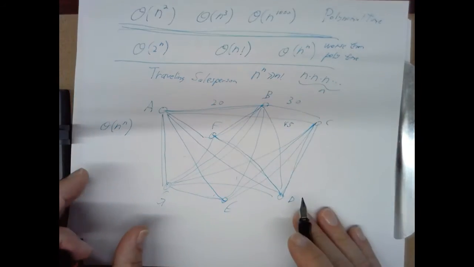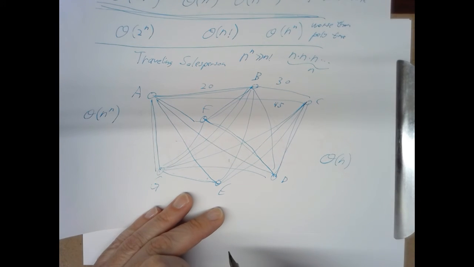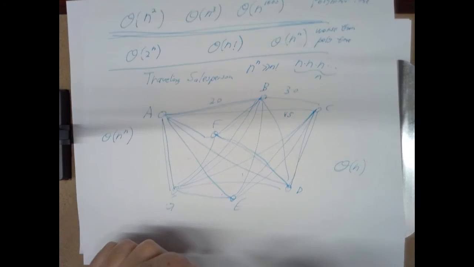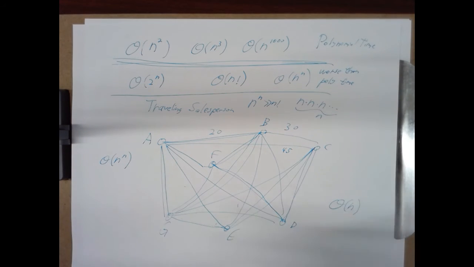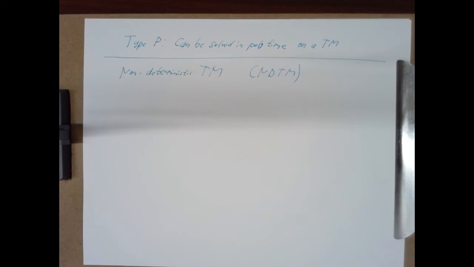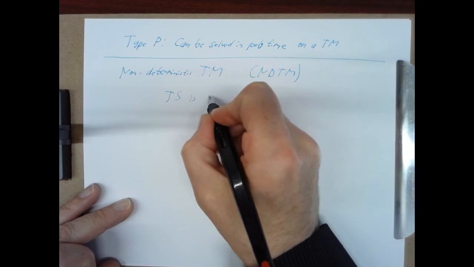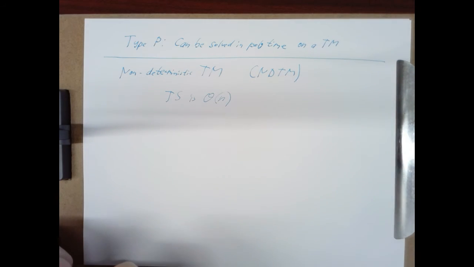So on a non-deterministic Turing machine, this is an order n operation. If you have a total road length of 1,000, it might take 1,000 times order n to answer the whole question. That's still order n. So on a non-deterministic Turing machine, traveling salesperson is order n.